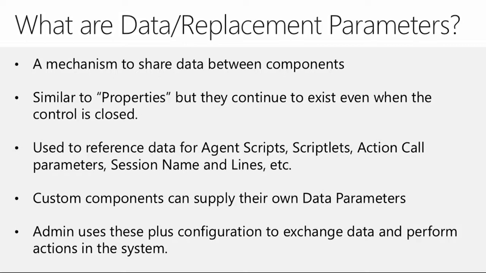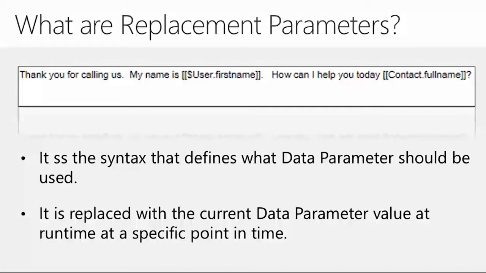So let's talk just a little bit about replacement parameters first. The replacement parameter is really the syntax that defines what it is that you want to replace. Here's a really good example from an agent scripting standpoint. If you look up at the top, we have two parameters in here.